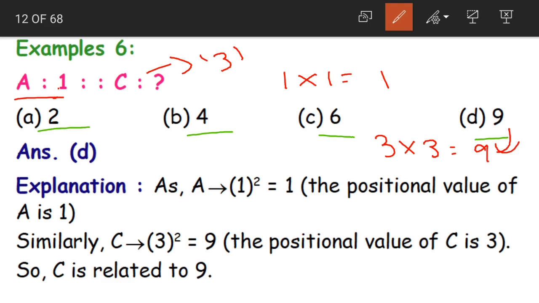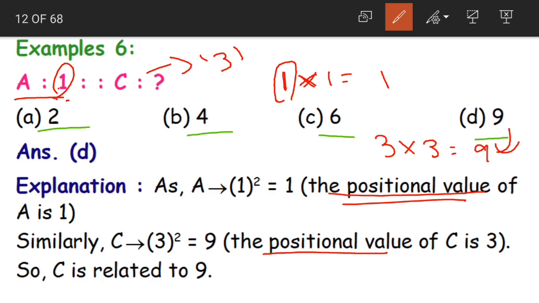Understood, children? You have to understand the relationship between the given pair of letters and numbers. See here we got A is 1. How did we get it? 1 is the positional value. What does positional value mean? A is in the first position, so its positional value is 1.